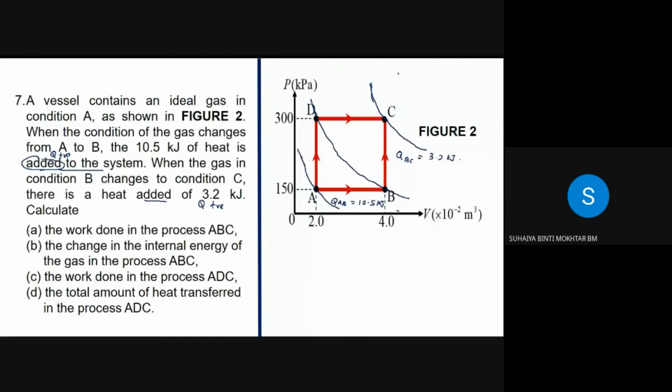So temperature D equals to temperature B. Temperature C is greater than temperature D or B. Okay. And then temperature D is greater than temperature A.